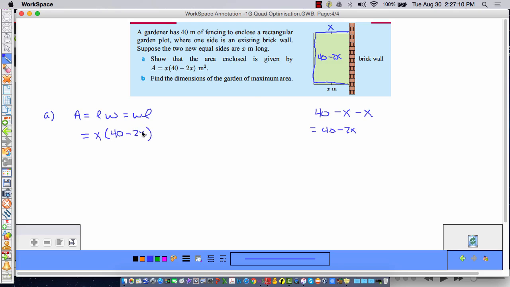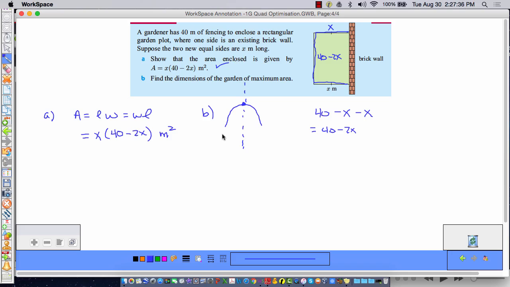So there we go. x times (40 minus 2x), and that's its area, so it's square meters. B, find the dimensions of the garden of maximum area. You can see that if we distributed this x, we would have a negative 2x squared, so the parabola would indeed open downwards, right? And so we would have this axis of symmetry.